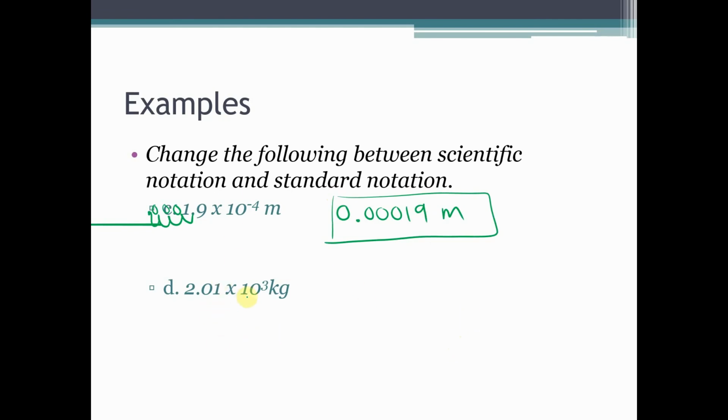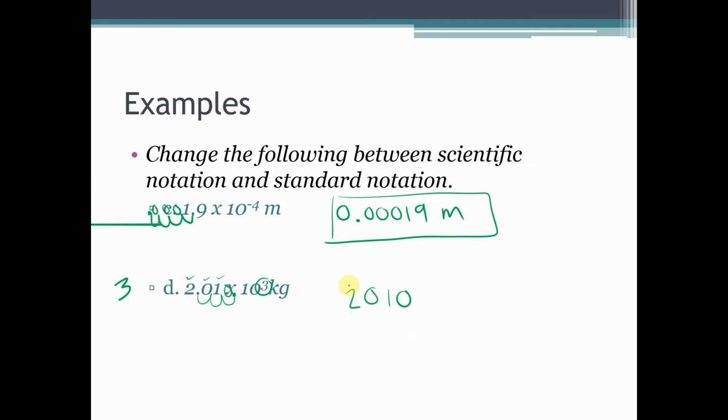And last but not least, letter D down here. We have 2.01 times 10 to the 3rd kilograms. Again, we are starting with non-zero, sandwich 0, non-zero, 3 sig figs. We should end with 3 sig figs. This positive exponent means we're going to have a big number, so we're going to move the decimal to the right. We'll move it 1, 2, and 3 spaces, and that becomes 2010.